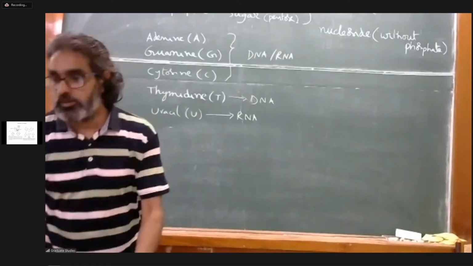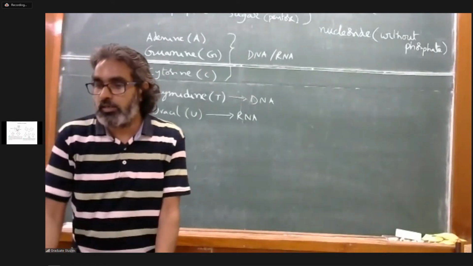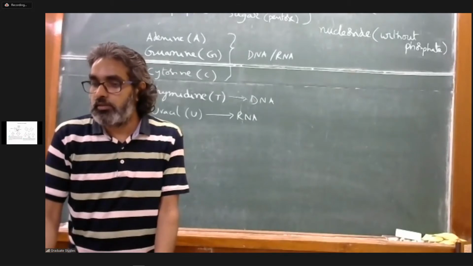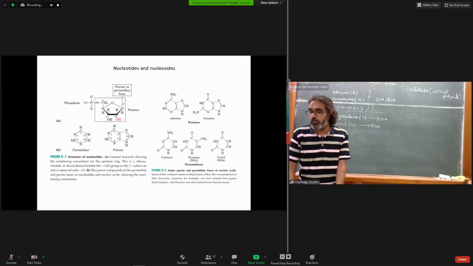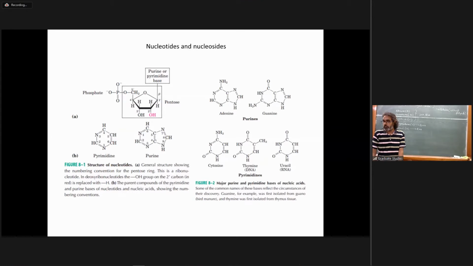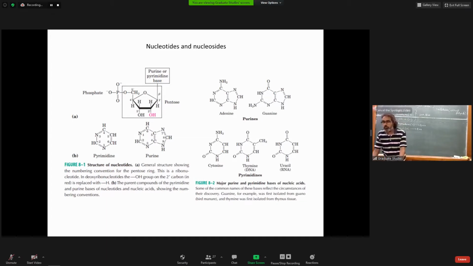Okay, so the structures are there on the right side of this slide in PPT. So adenine, 2 ring membered purine. Guanine is also 2 membered ring purine. Cytosine, thymine, and uracil are single ring pyrimidines. And the difference between thymine and uracil is basically a methyl group, okay, present on carbon number 5. Okay, so the numbering is on the left side.